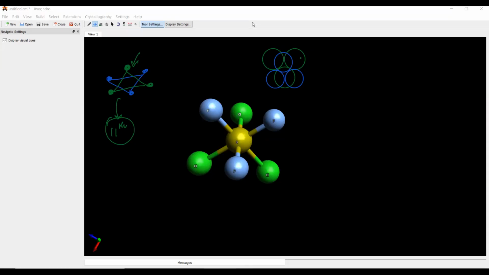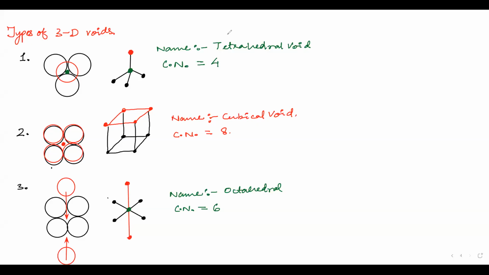So where we were dealing with octahedral void, I will make that also. Let us start with the same things now. Blue and green. So we had blue something like this.